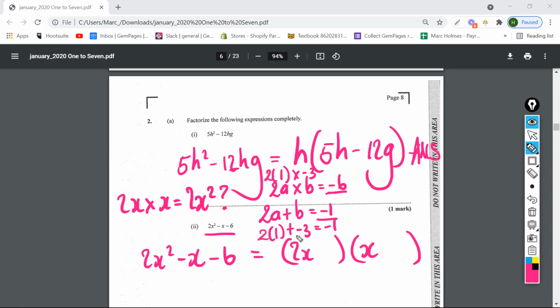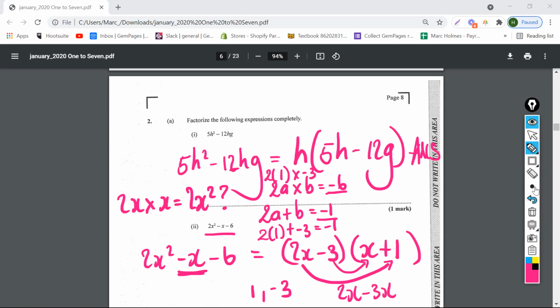So I need a 1 and a -3. The 1 has to be here and the -3 has to be here. The reason why the 1 has to be here is because 2x times the 1 will give me 2x, and -3 times the x will give me -3x. So that gives me the -x.